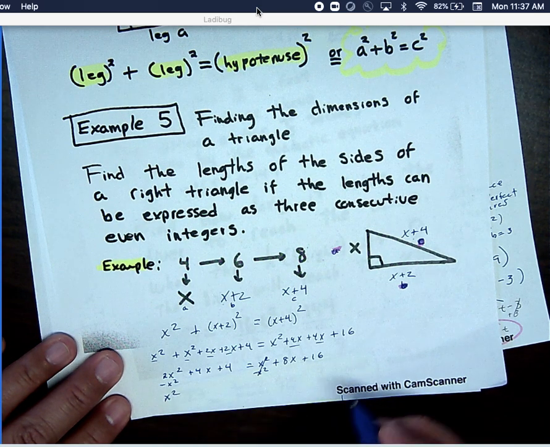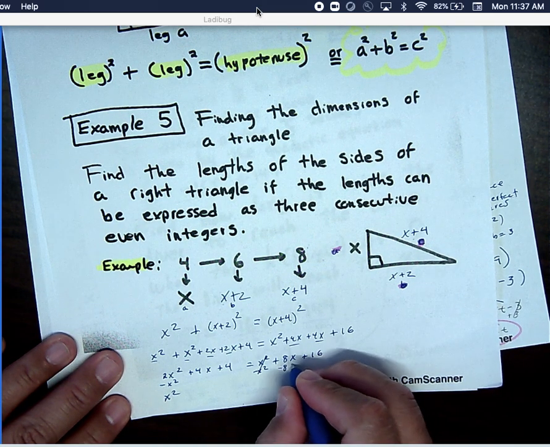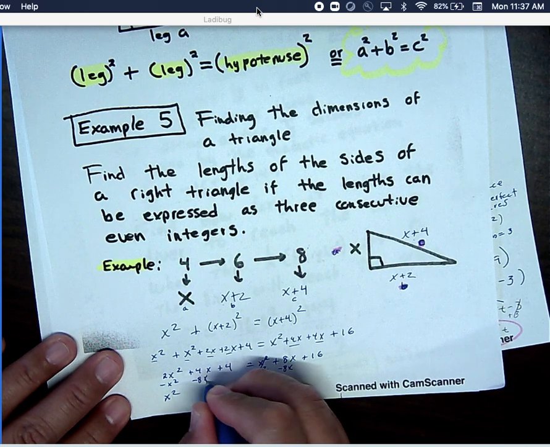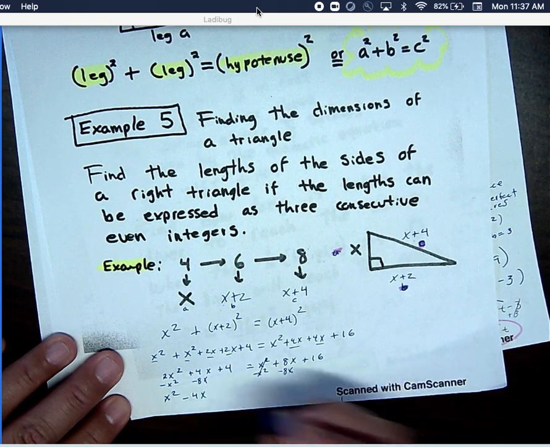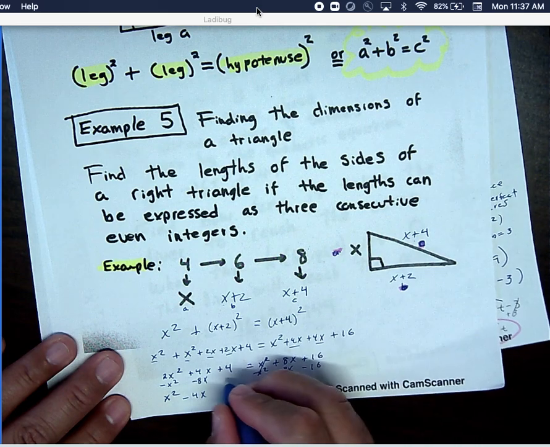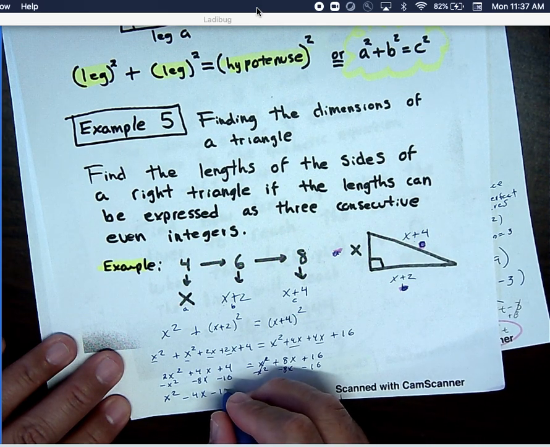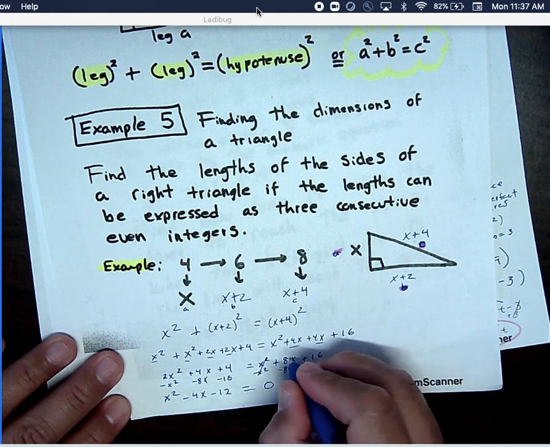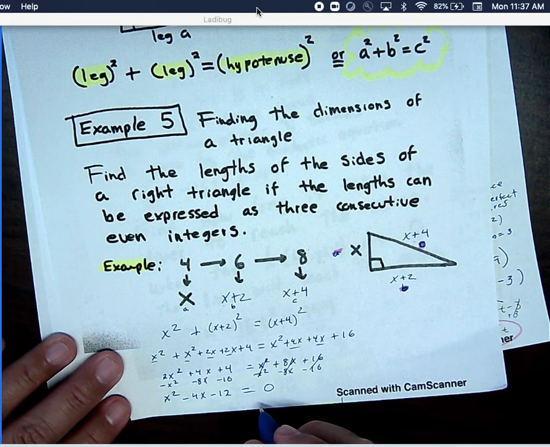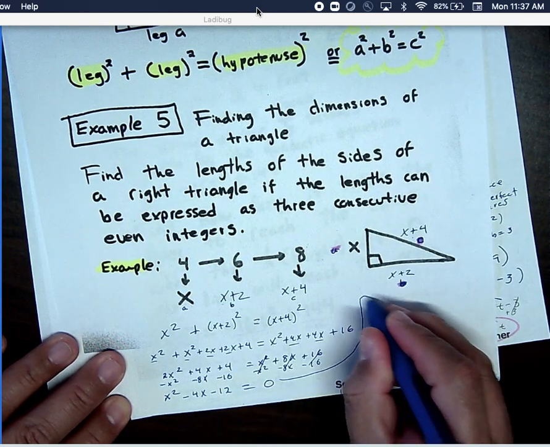So this x squared, and then I'll bring the negative 8x with this one. So I would get negative 4x, and then I would bring the negative 16 here. And this would give me negative 12 equals 0. Everything on this side would become 0, so you end up with this. So now we have the equation.